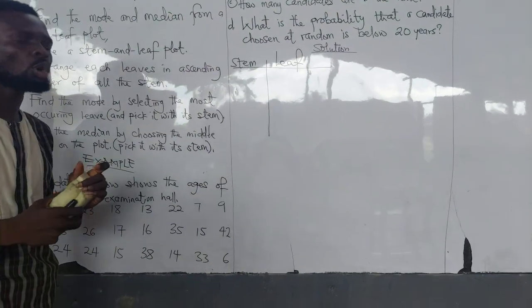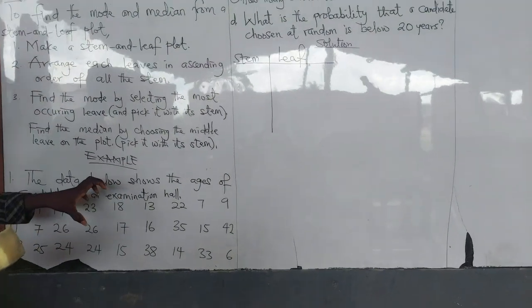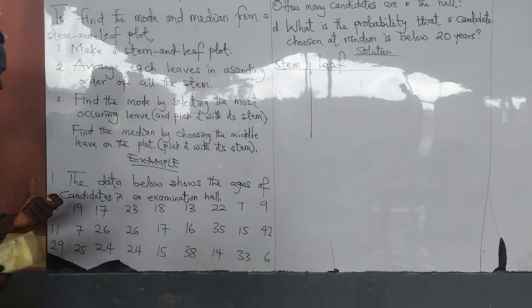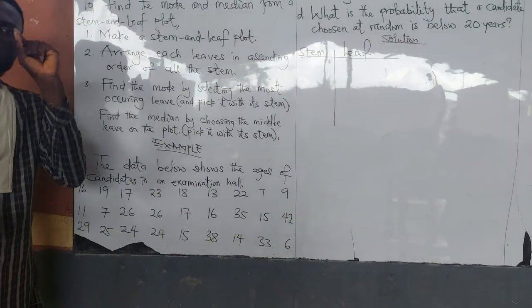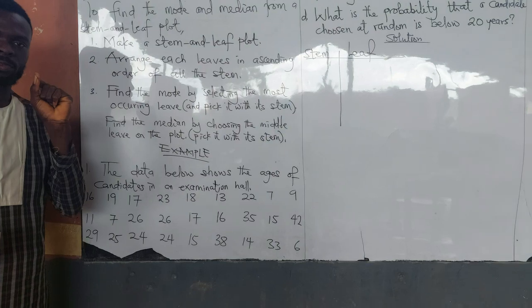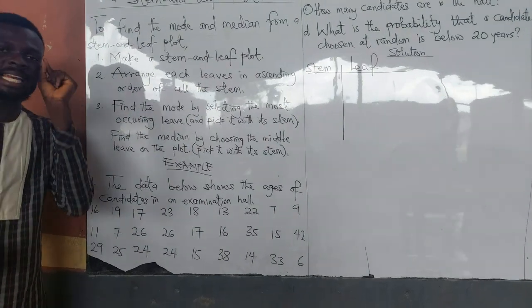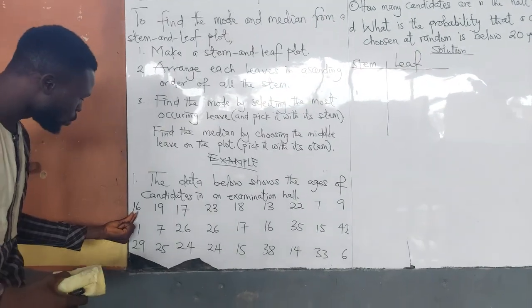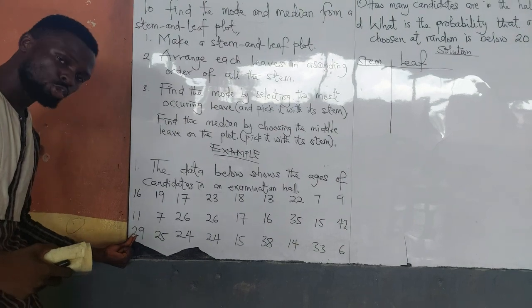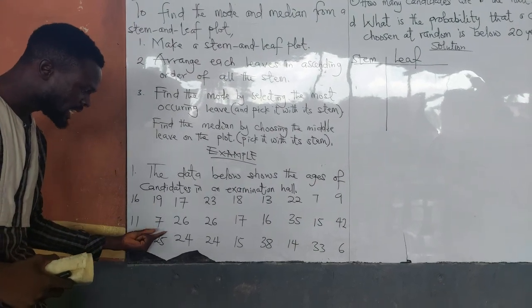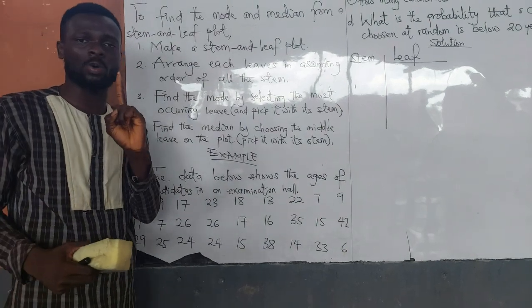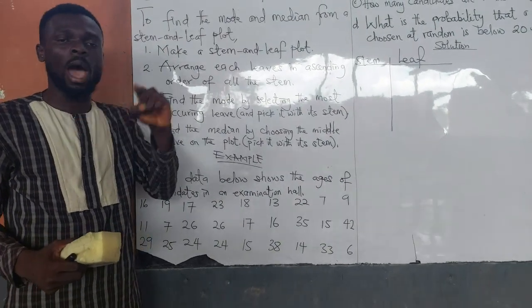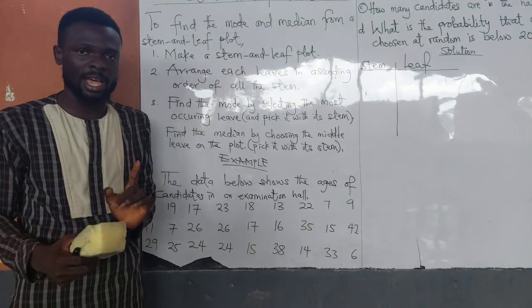Now let's try to know the stems that we have here and the leaves. Look at the digits that you have and figure out all the stems. The stems are the leading digits. So we have 1, 1, 2, 1. Here we have only one number. All the single digits that you are seeing, we assume their stems to be 0.